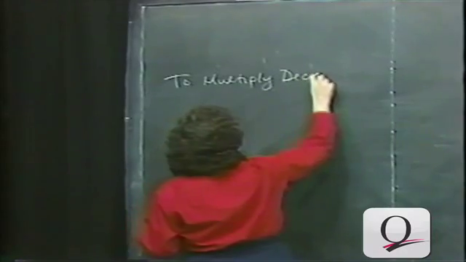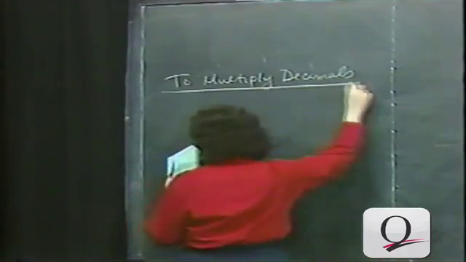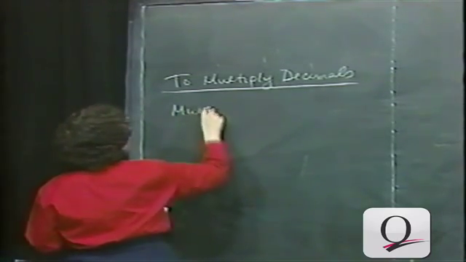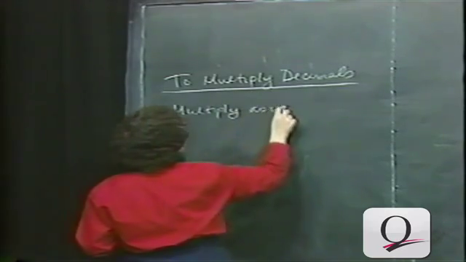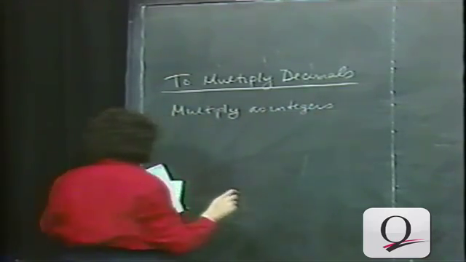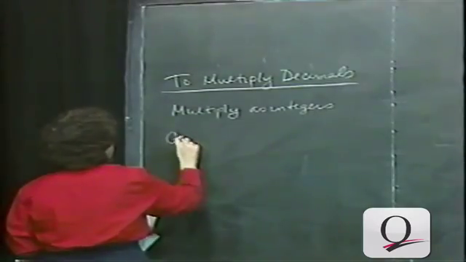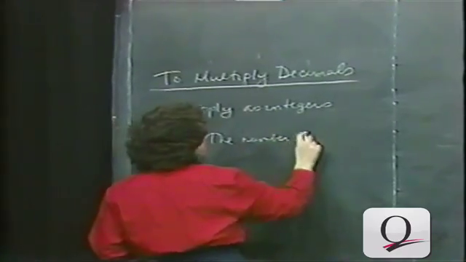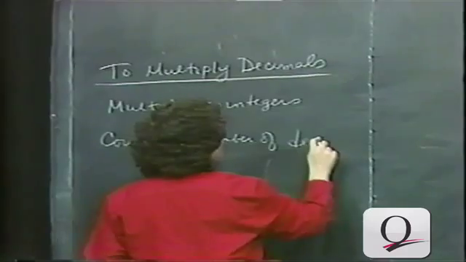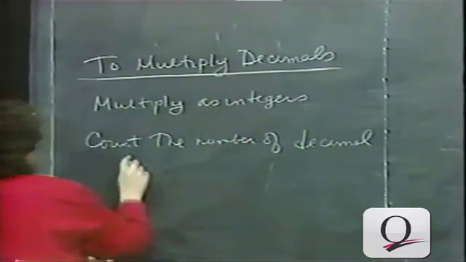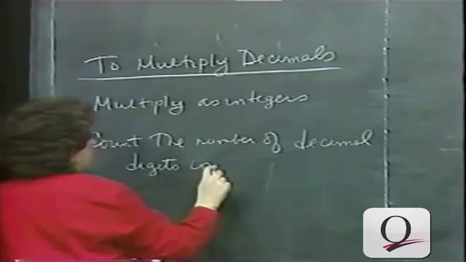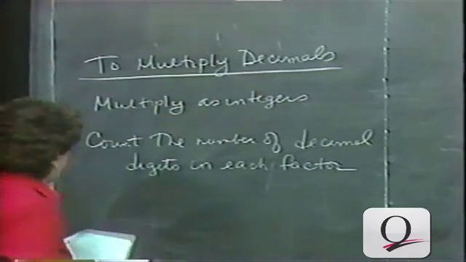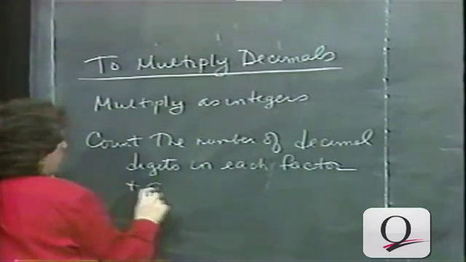To multiply decimals, multiply as integers the numbers, count the number of decimal digits in each factor and add them up.